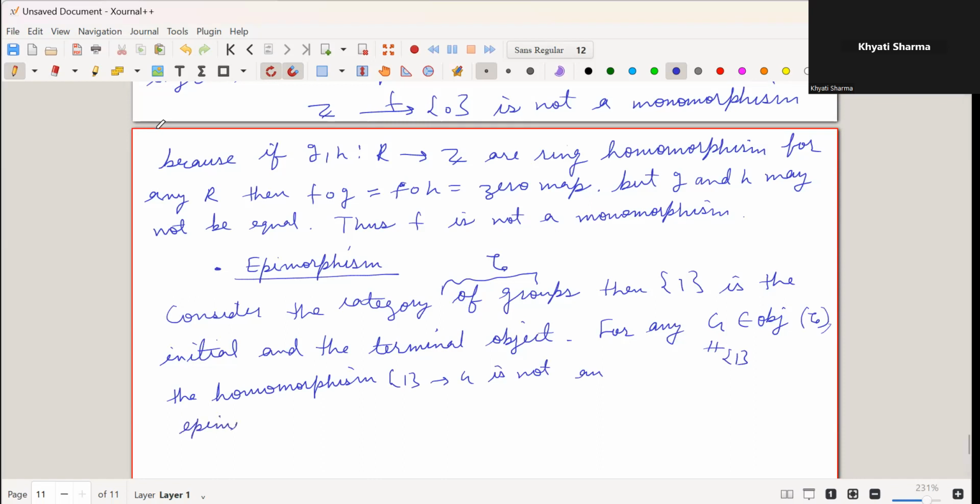Because G has more than one element, and identity has one element, so it cannot be an epimorphism. So epimorphism is also not there.